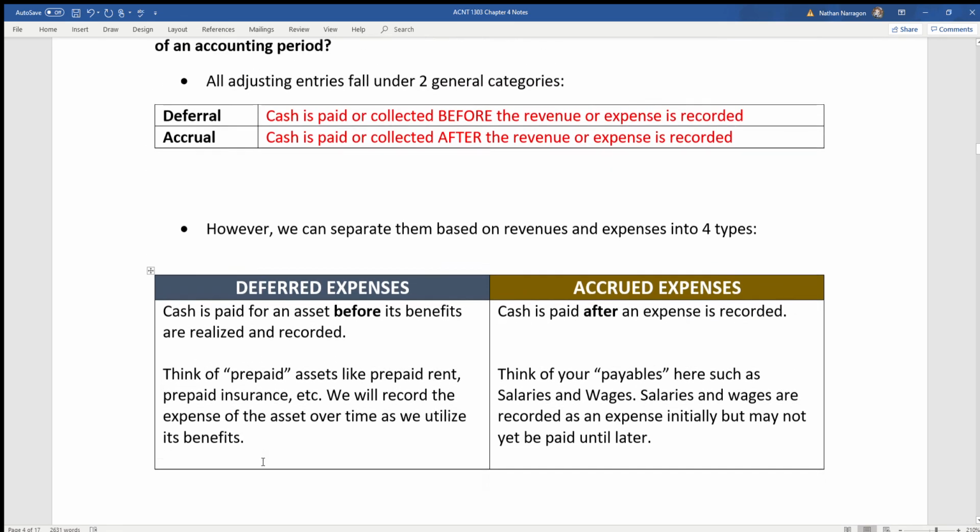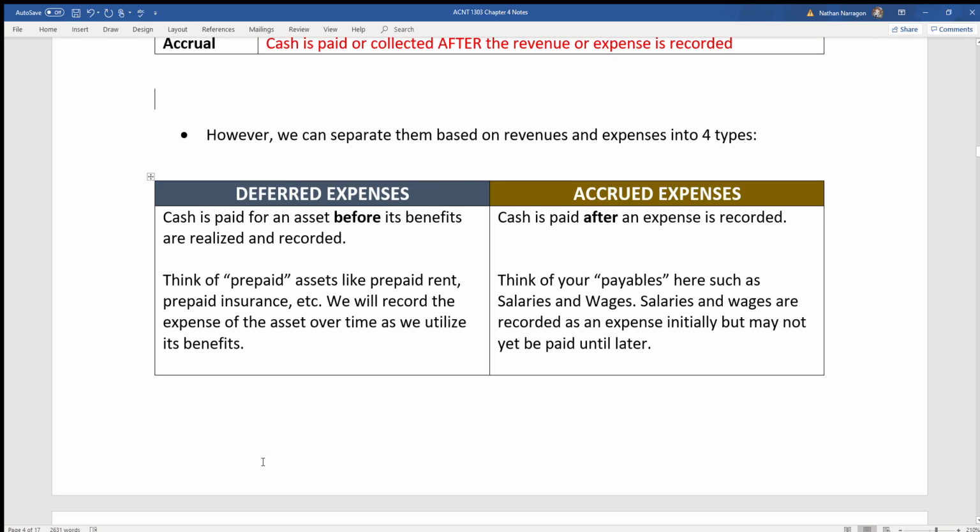So, of course, we'll have deferred expenses, and these are cash paid for an asset before its benefits are realized. A common item here is usually prepaids. Again, we've paid for the policy for a certain time frame, and now we're recording during that time frame how much of that policy we have basically let expire or used.